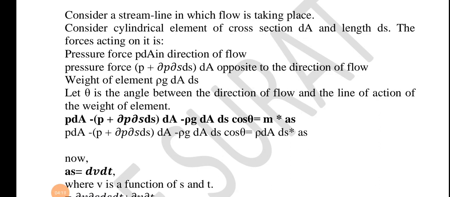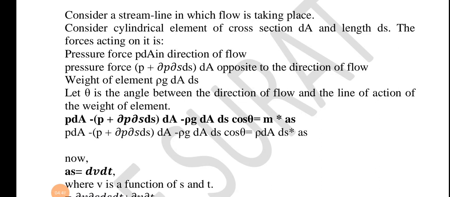Minus rho g dA into ds, that is the weight, and the weight is acting downward. So two components are there due to the inclination of the stream tube. So here we consider rho g dA into ds cos theta, that is negative, that is also in the opposite direction. So that is the force component. The algebraic sum of force is equal to mass into acceleration, m into as.